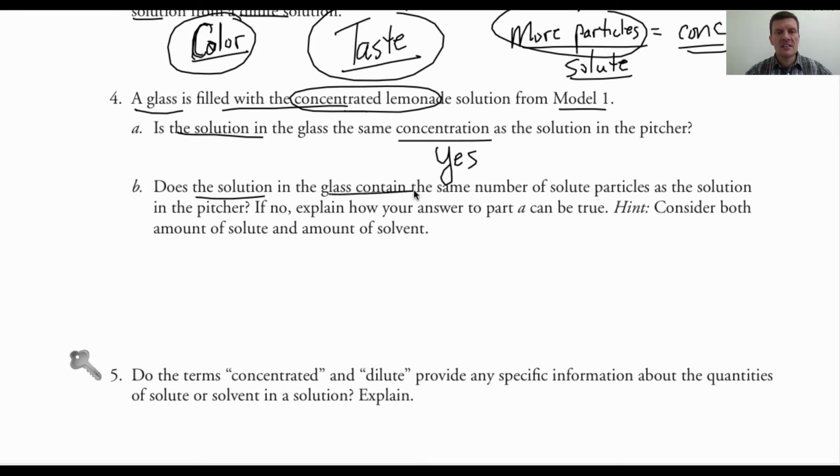Does the solution in the glass contain the same number of solute particles as the solution in the picture? Well, no, it doesn't have the same number of particles, but it has the same ratio of particles to volume of solution.